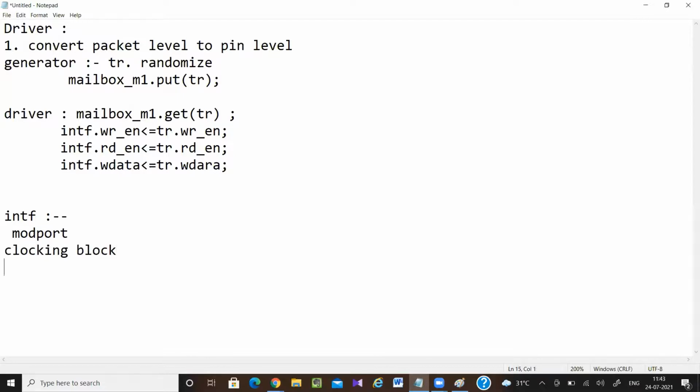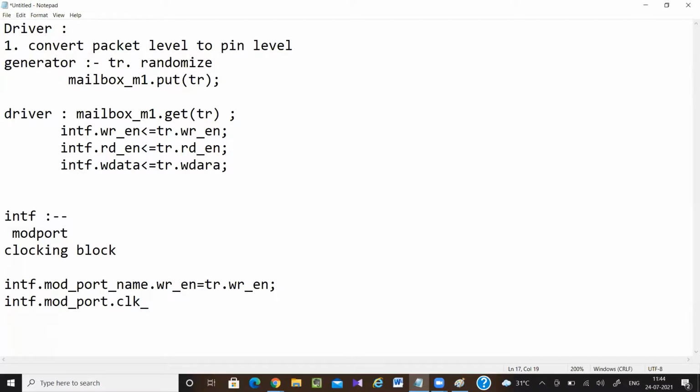If you have a modport, then we write interface.modport_name.signal_name. Let's say the signal name is write_enable equal to tr.write_enable. This is if you have only a modport. If you have a clocking block and modport, then interface, then modport, then clocking block.